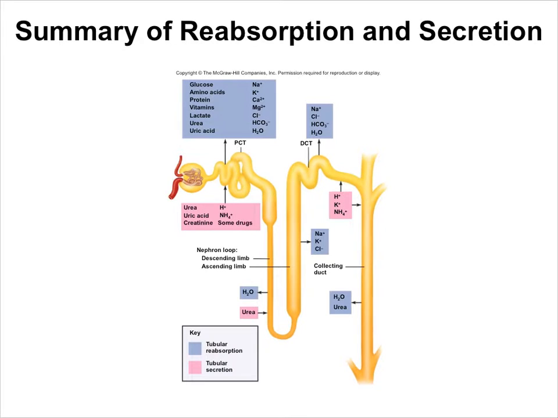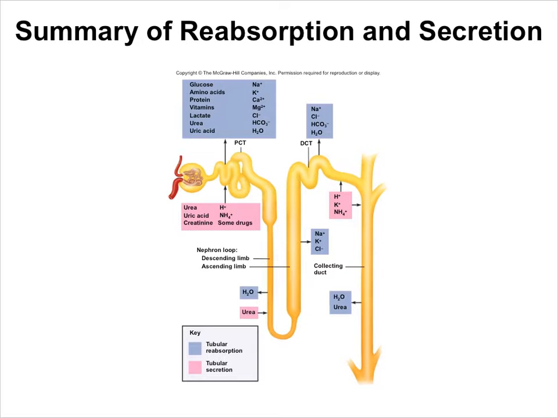In the descending loop of Henle, reabsorb water, secrete urea. Ascending loop of Henle, reabsorb salts. In the distal convoluted tubule, you can reabsorb sodium, chloride, H2O, bicarbonate.